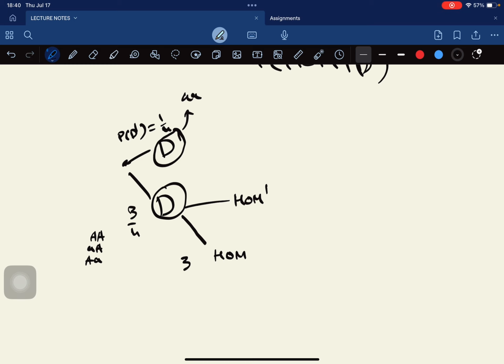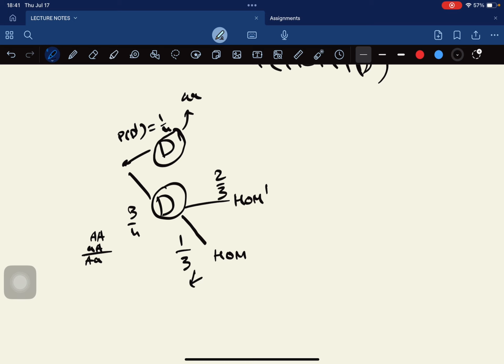So the denominator is 3 because there's only three of them. Homozygous mutant, we only have one of them, so it'll be 1/3. And not homozygous mutant, we have two of them because we have two heterozygous mutants, so that would be 2/3.